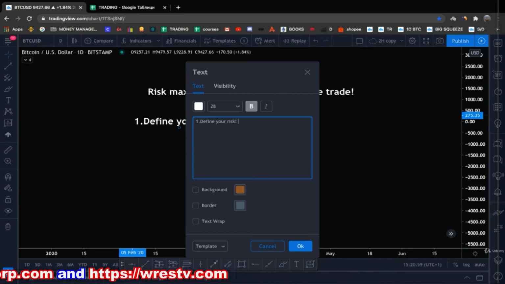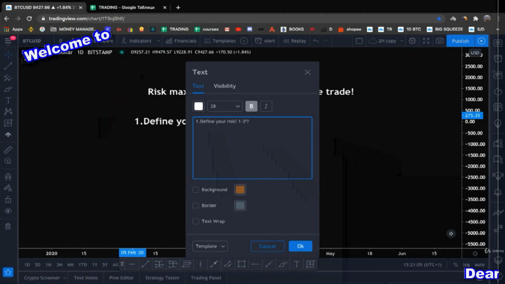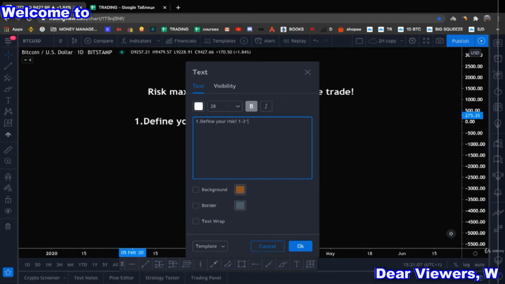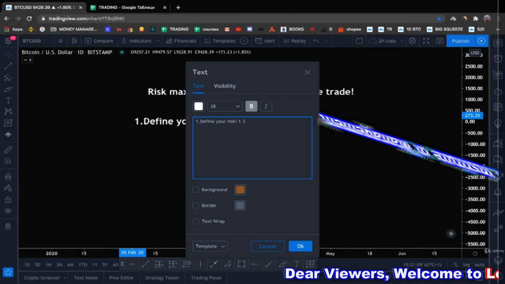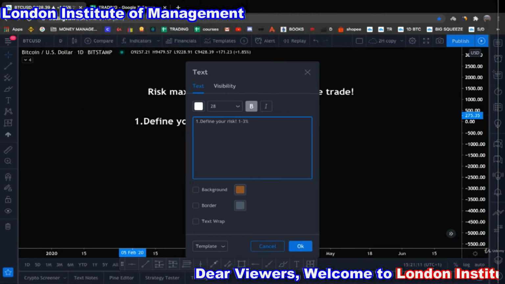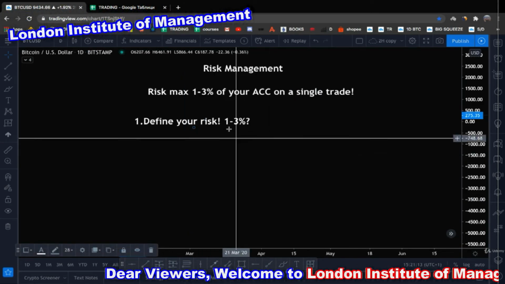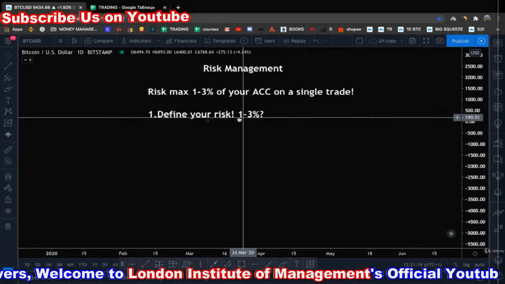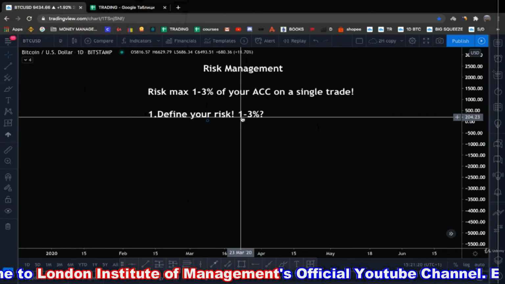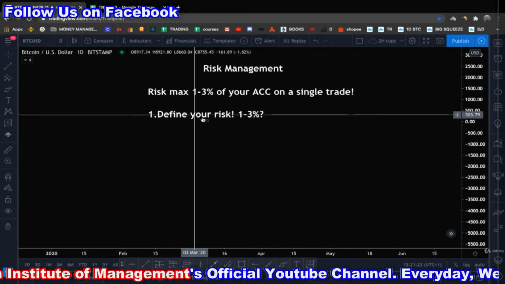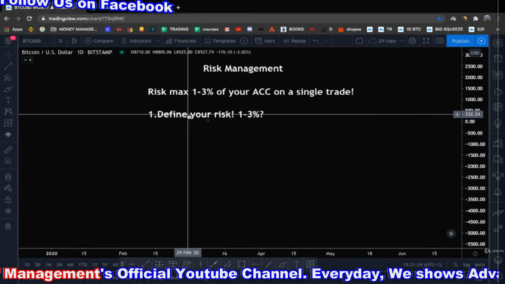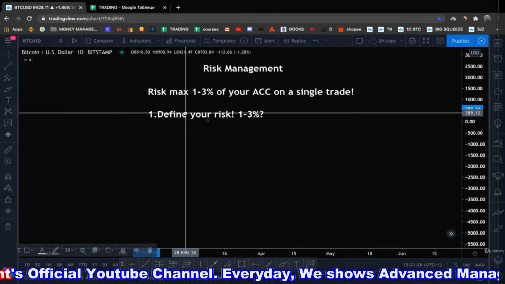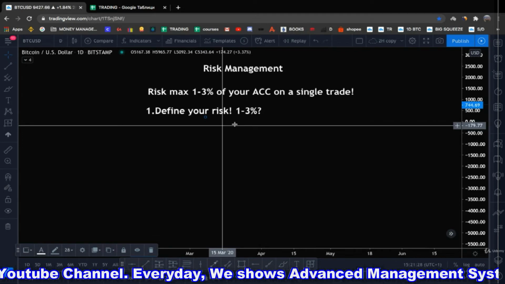To define your risk means: is it going to be 1%, 2%, or 3%, right? So if you choose to do 1%, you already define step number one, which is to define your risk. And basically, you are just going to calculate 1% of your account.